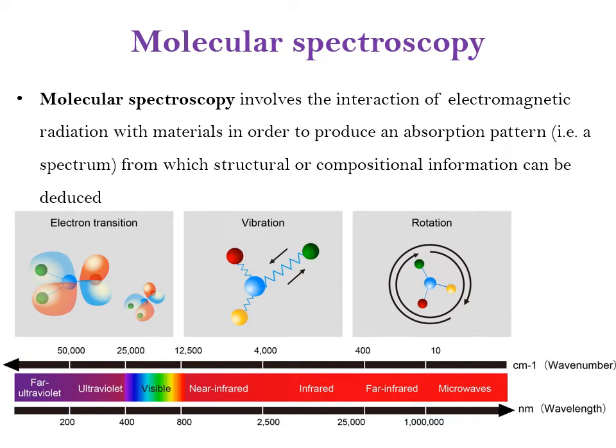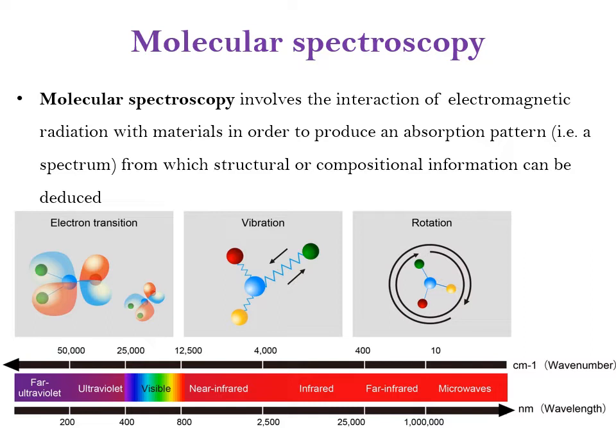Molecular spectroscopy involves the interaction of electromagnetic radiation with materials in order to produce an absorption pattern, which is called a spectrum. Then structural or compositional information can be deduced about that molecule.